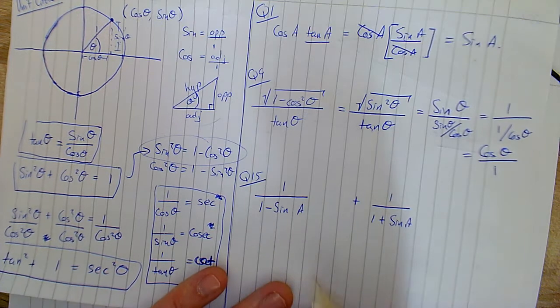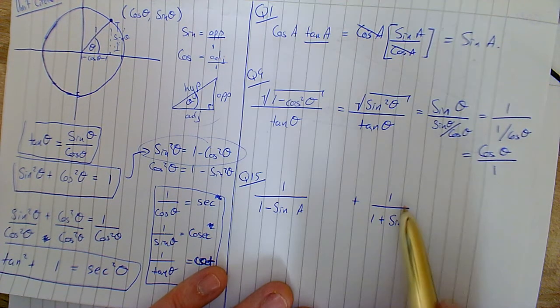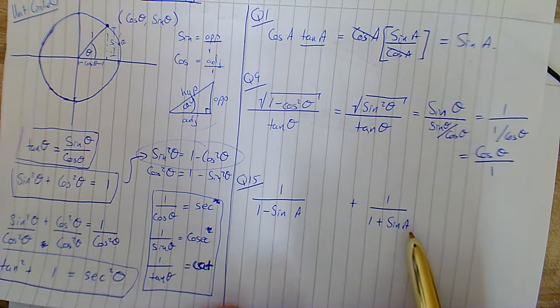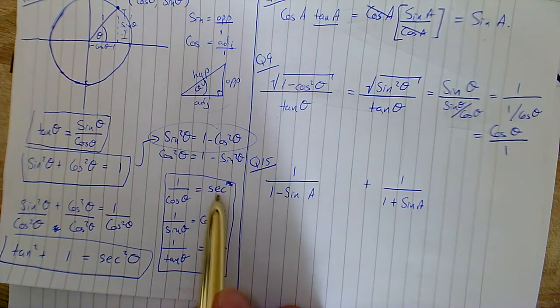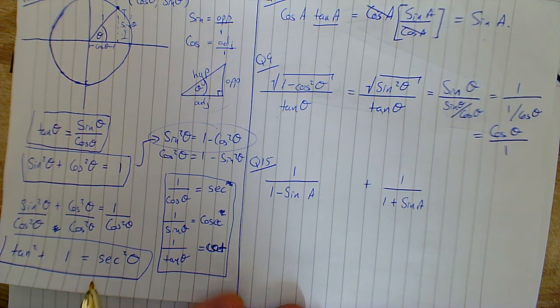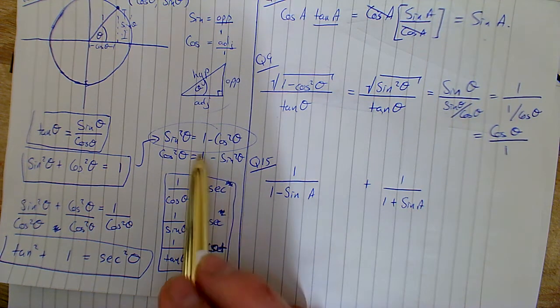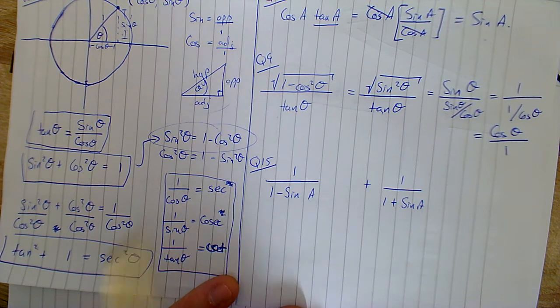Now, what you need to recognize here, and it's a bit tricky, is that this 1 minus sine squared is a difference of two squares, and in fact those are the two factors. So you can get rid of that quite easily by saying that's multiplied by 1 plus sine A, and I'm going to get 1 minus sine squared A when I multiply that out.